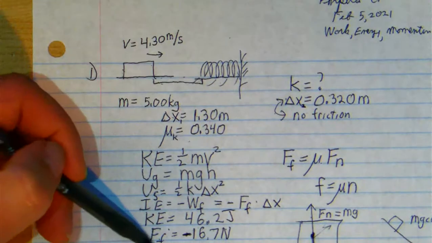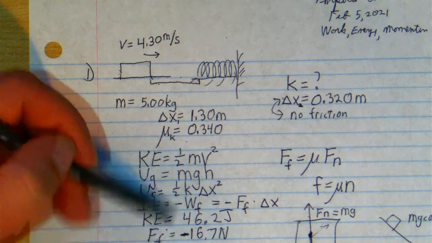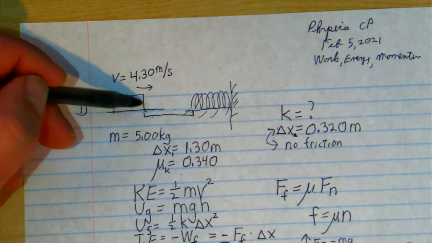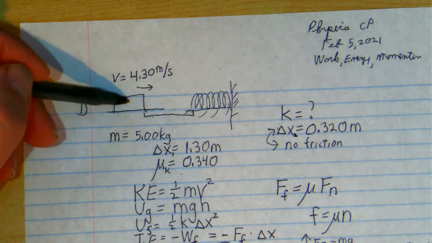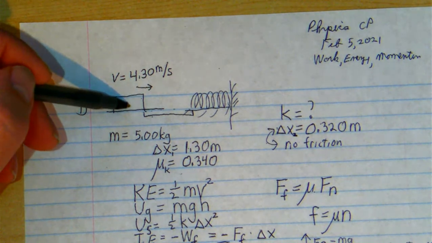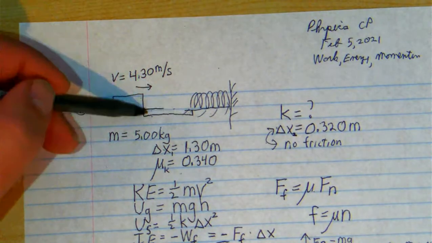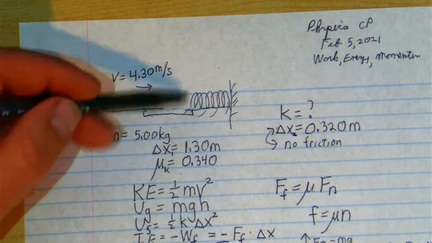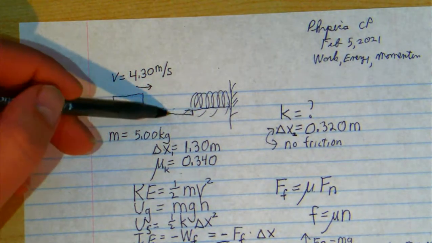Now, if that internal energy calculates to be equal to or greater than the initial kinetic energy, that means the block will stop before it even reaches the end of this stretch here, this distance of 1.30 meters.